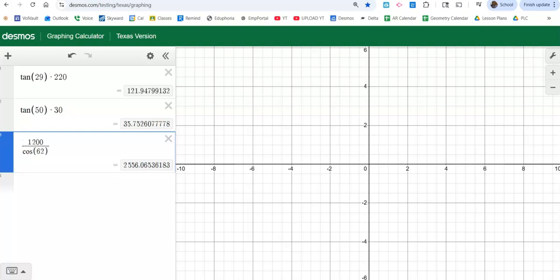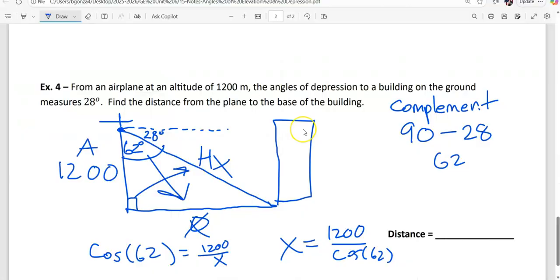And you get 2,556.065. And my units of measure are in meters.